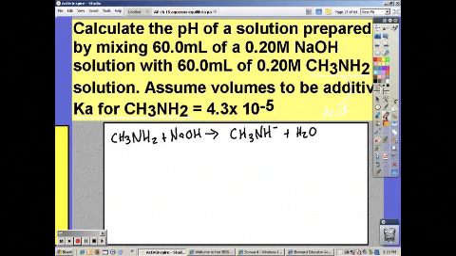Okay, our acid should lose a hydrogen, so we get that. And I'm going to leave off the sodiums just for simplicity's sake. You could have left it, you would have had to put it on the CH3NH, though. Remember, when it's reacting, you have to use moles.